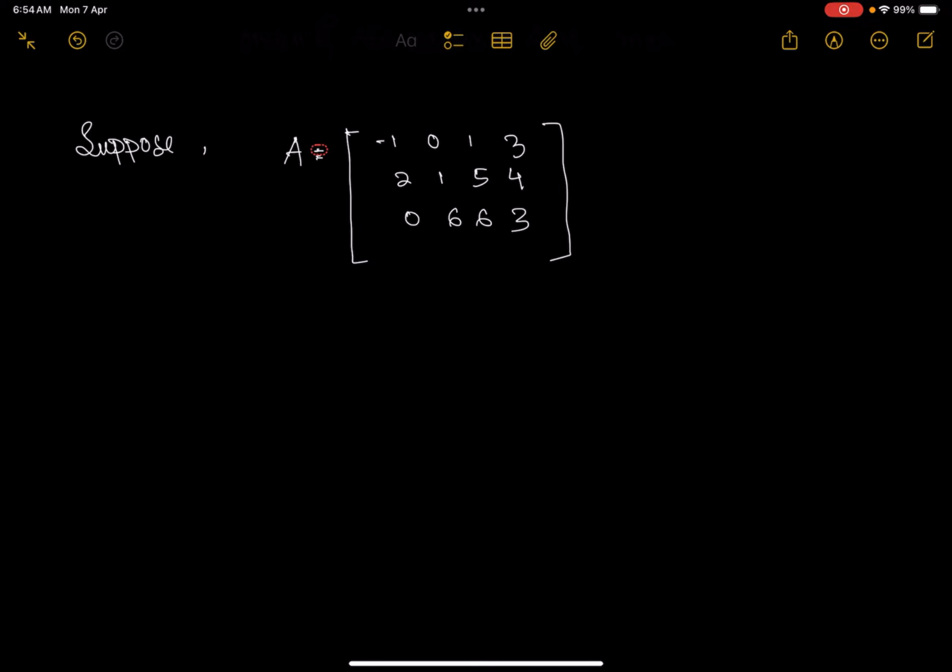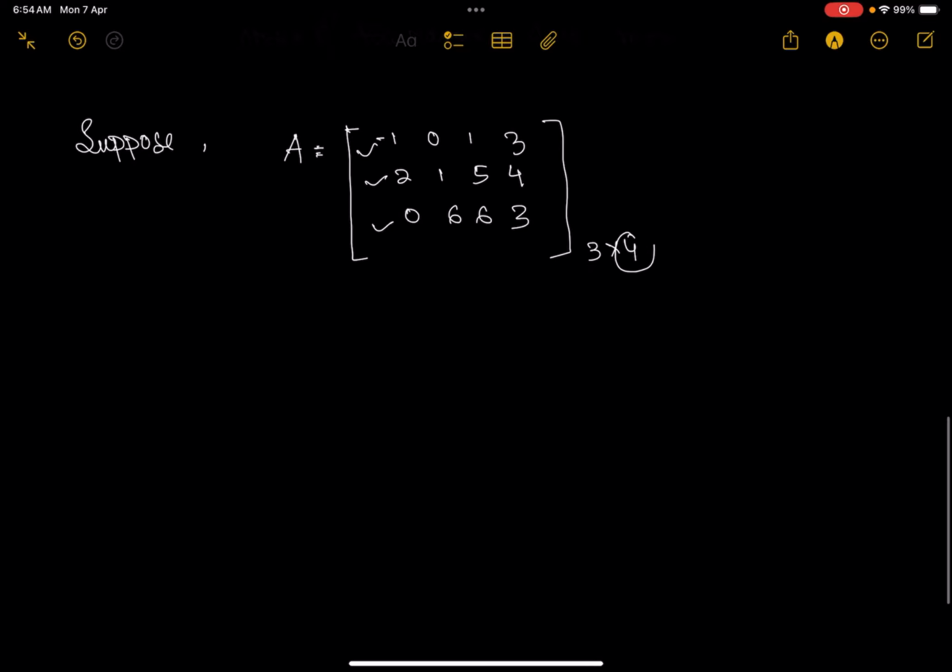Let's consider an arbitrary matrix. This is 3 cross 4. 3 is the rows: this is the first row, this is the second row, this is the third row, and 4 denotes the columns: first column, second column, third column, and also fourth column.